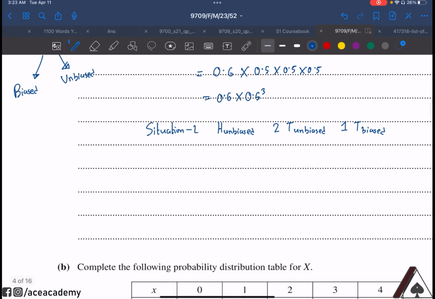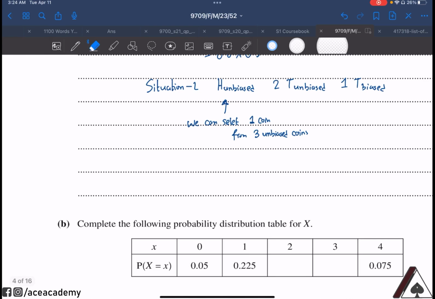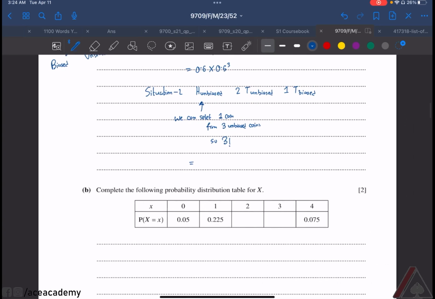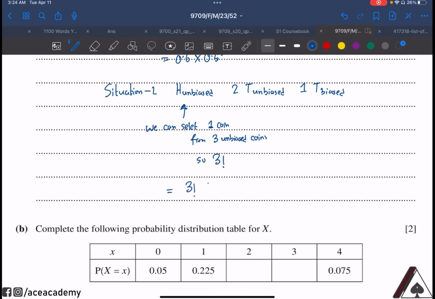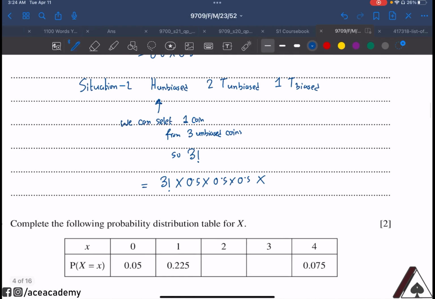For situation 2, we can select one coin from 3 unbiased coins. So basically it's 3 factorial. So the total probability for situation 2 is 3 factorial into 0.5, which is the probability of an unbiased tail, into 0.5 into 0.5 into 0.4.